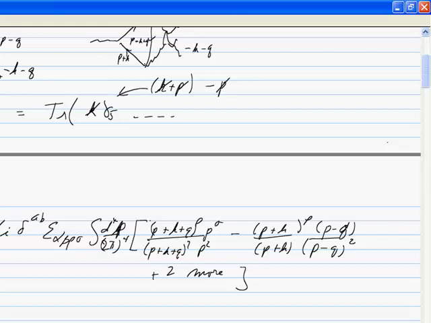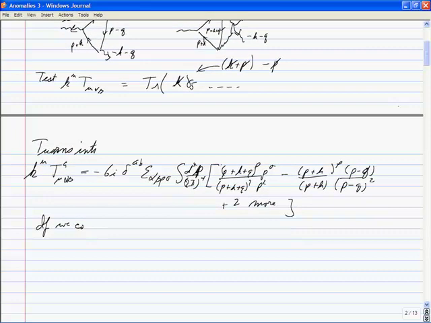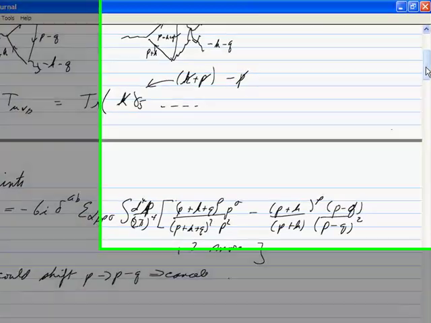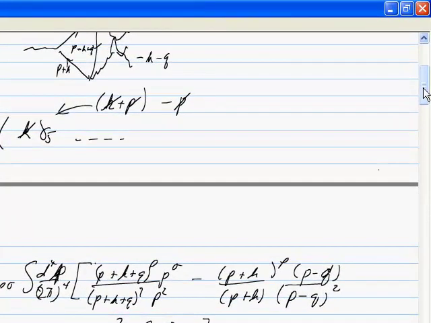So if we could shift p goes to p minus q, then they cancel. And so this is the famous shift of the integration variable that comes with this.